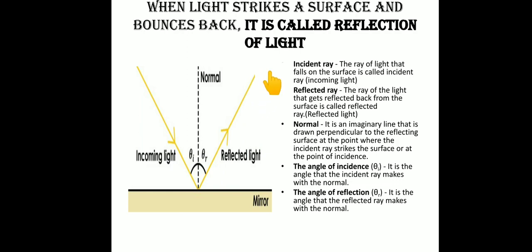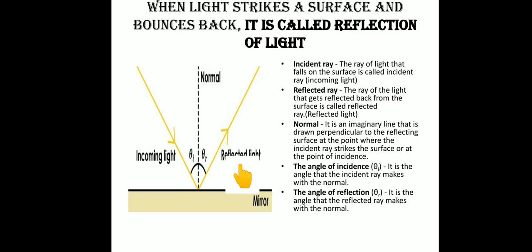The ray which is falling upon the surface is called the incident ray, and the ray which is going back is known as the reflected ray.